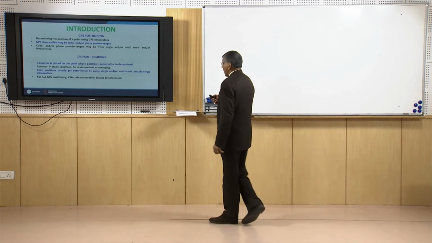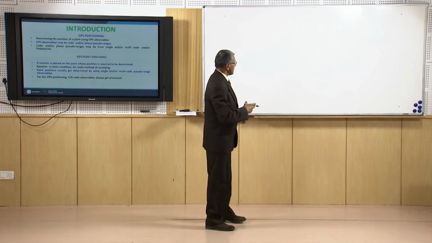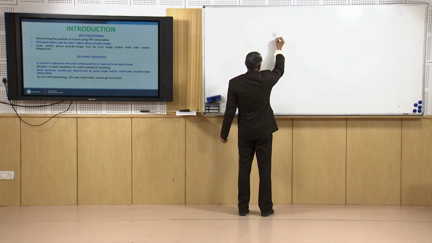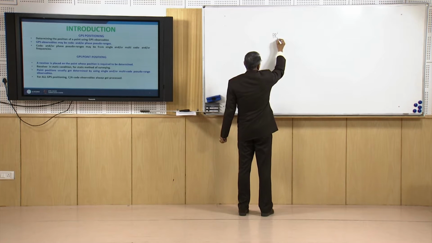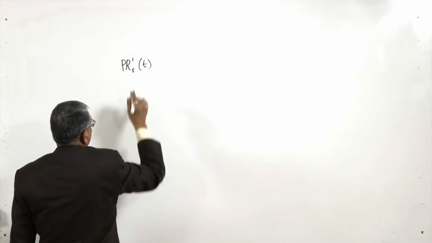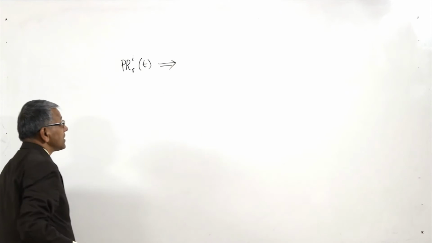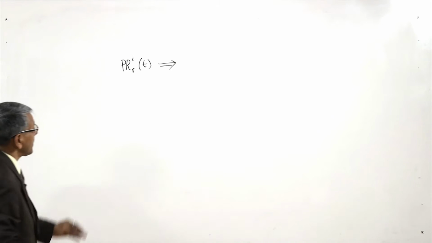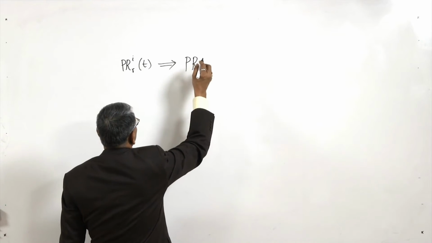As we already discussed, the original pseudo range from satellite I to receiver R at an instant of time t. In the last class we discussed that the pseudo range will be preprocessed, and after preprocessing we will get some pseudo range value.